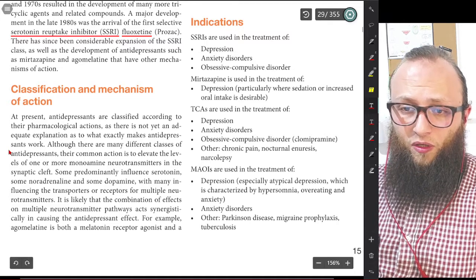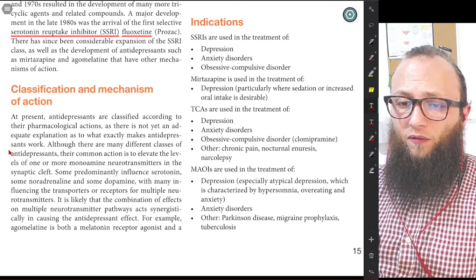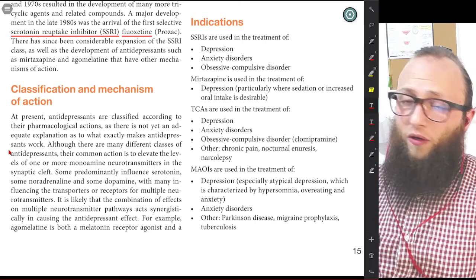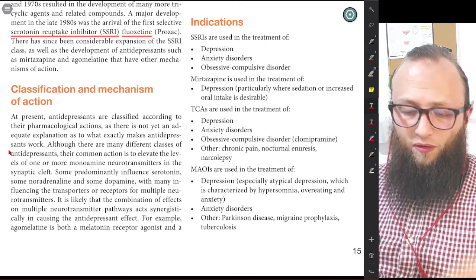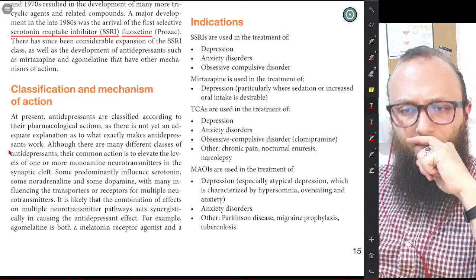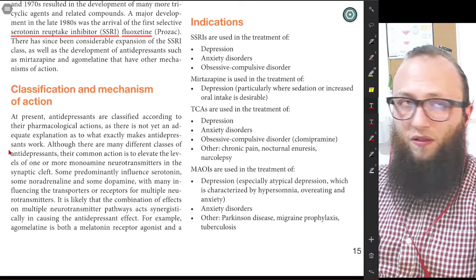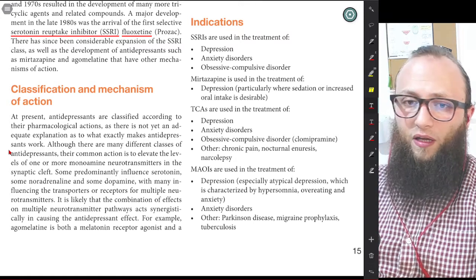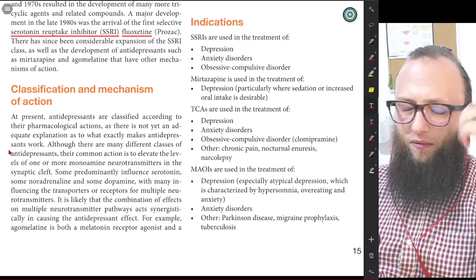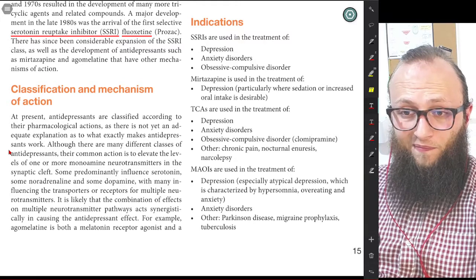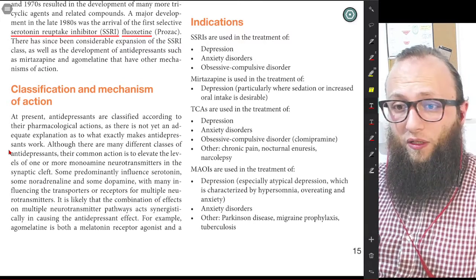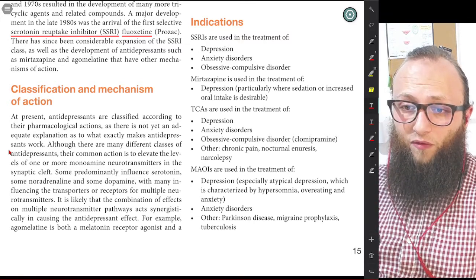And actually, I would put a link for more molecular explanation in the description below. So we are talking about monoamine neurotransmitters: serotonin, norepinephrine, and dopamine. So roughly, this is the mechanism of action.